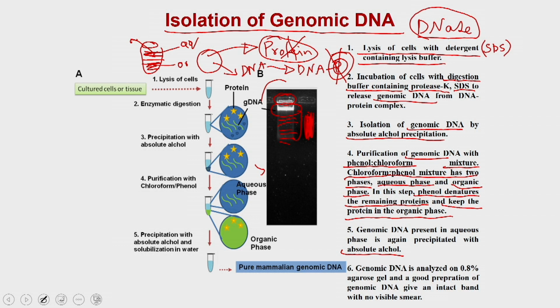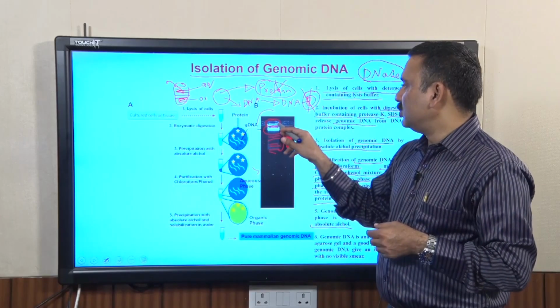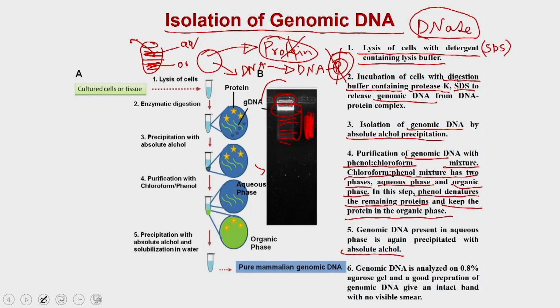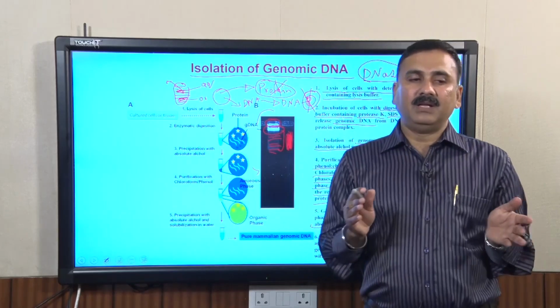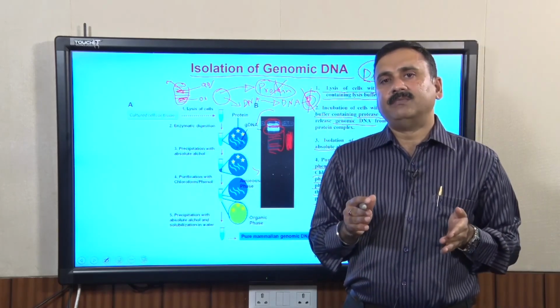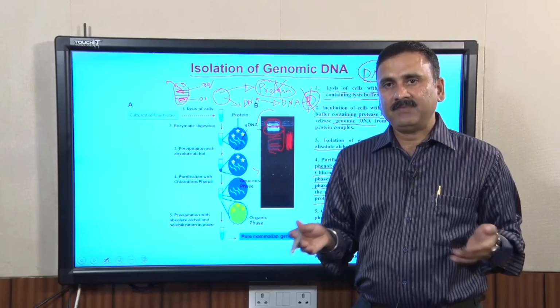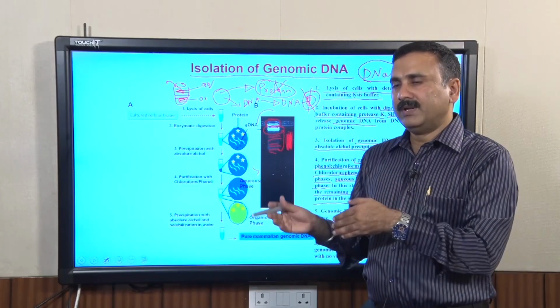Sometimes it also happens that when you purify the genomic DNA, you may not be pipetting properly, and because of that the genomic DNA gets broken down into multiple pieces, which also appears like a smear on the gel. So, now we have purified the genomic DNA from the cell, and now we will move on to the next step.